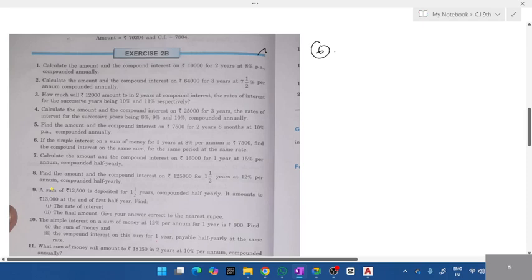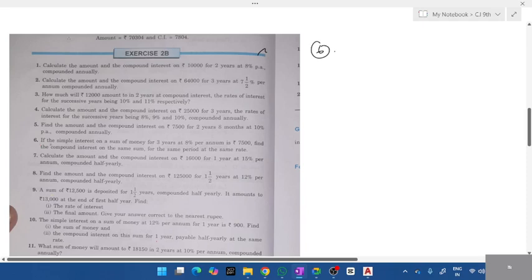The word simple interest is given here. If the simple interest on a sum of money for 3 years... Find compound interest on the same sum. Ananya, how do you solve this question? What is given? Read the question first.